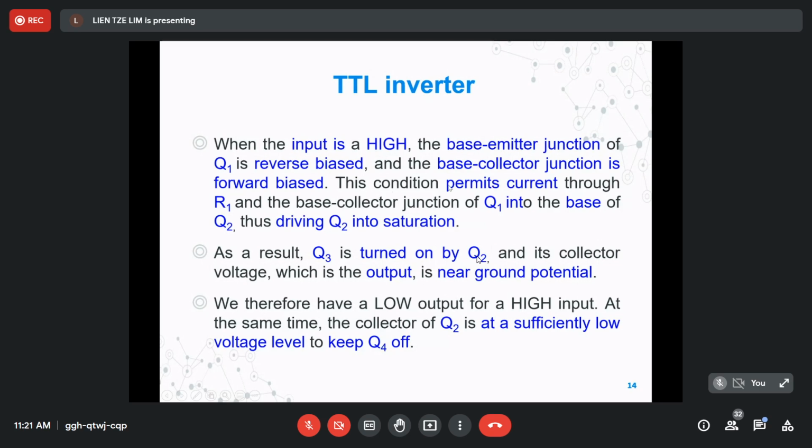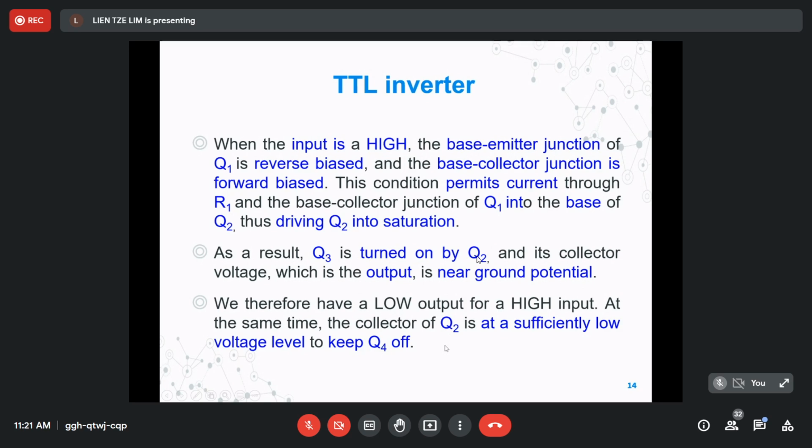These conditions permit current through R1 and the base-collector junction of Q1 into the base of Q2, thus driving Q2 into saturation. As a result, Q3 is turned on by Q2 and its collector voltage, which is the output, is near ground potential. We therefore have a low output for a high input. At the same time, the collector of Q2 is at a sufficiently low voltage level to keep Q4 off.